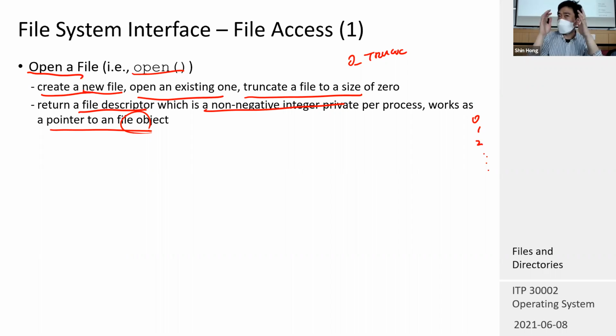That is because the inode number itself is insufficient for this purpose. Why? Because when we open the file, the process will have a context in using that file.